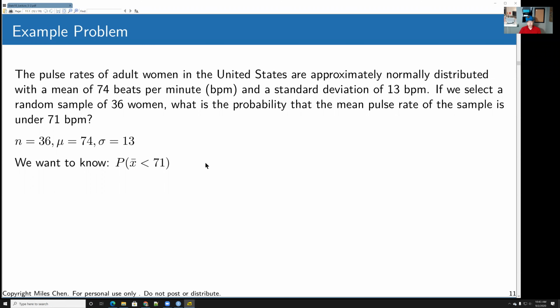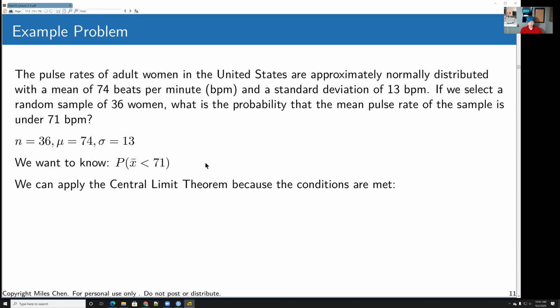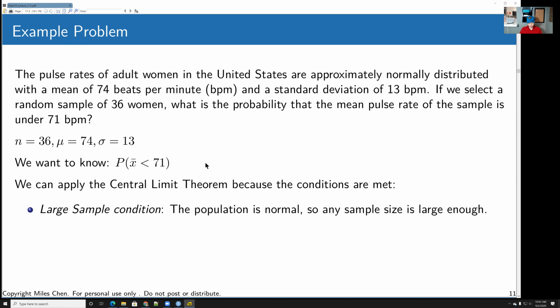So we're going to use the central limit theorem to establish our sampling distribution. Before we use it, we should check the conditions. Is the large sample condition met?